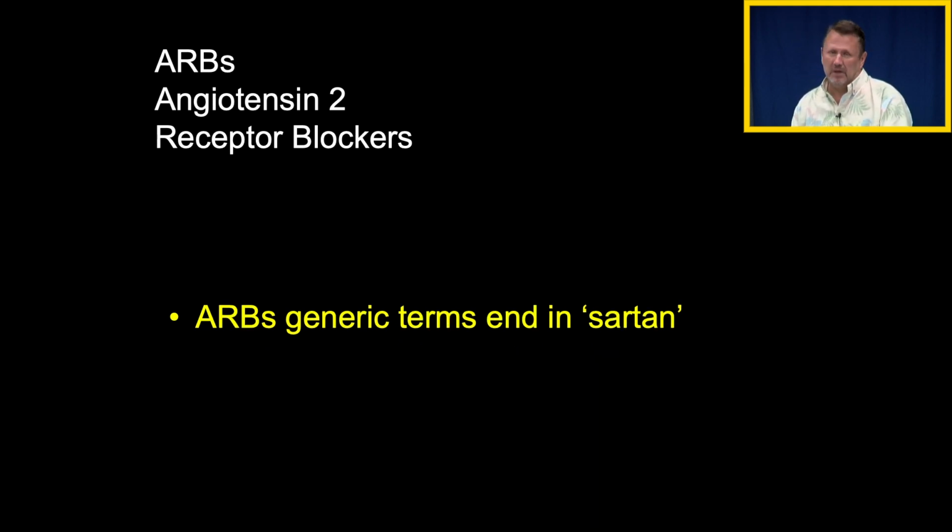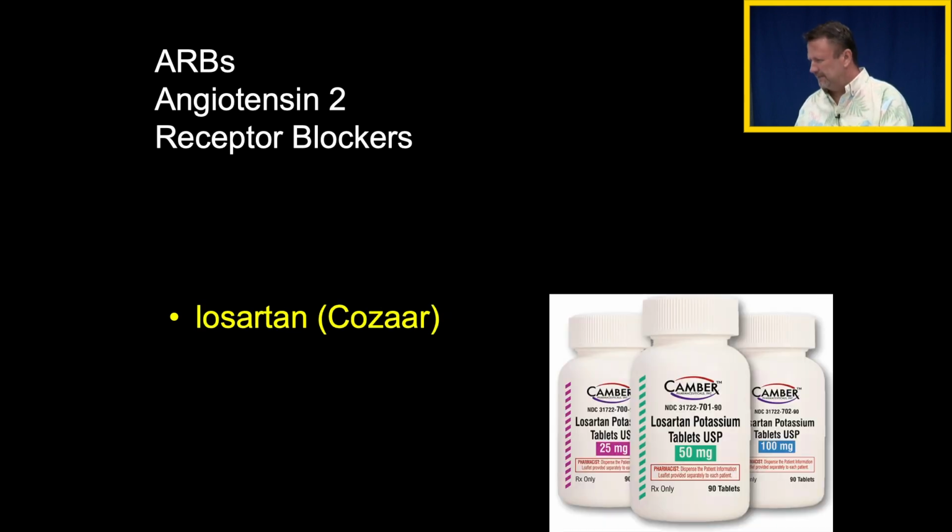Keep in mind the ARBs end in the word sartan. So the generic term is the word sartan. So losartan is Cozaar. It's an angiotensin II receptor blocker. And there's all sorts of sartans out there that are the angiotensin II receptor blockers.